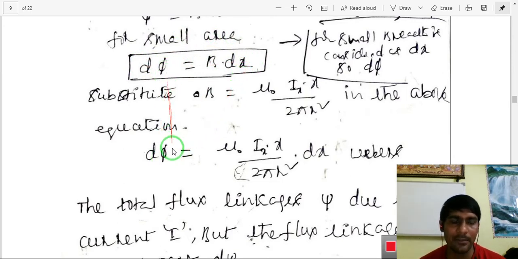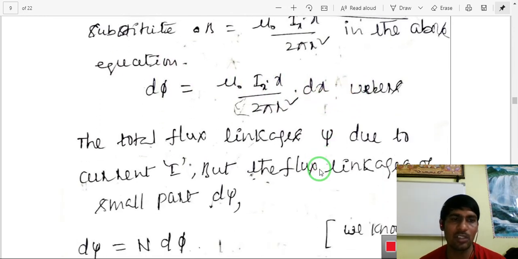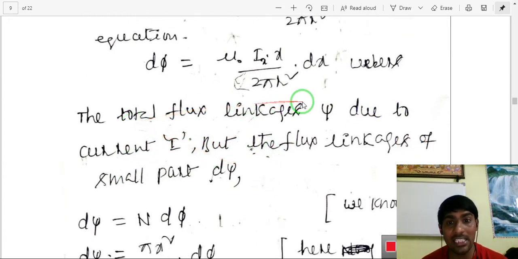This dφ, the flux of the small area, is dφ equals μ0 Ix into x by 2πr² into dx Webers. Units is Webers. The total flux linkage is ψ due to current I, but the flux linkage of the small part is dψ only.